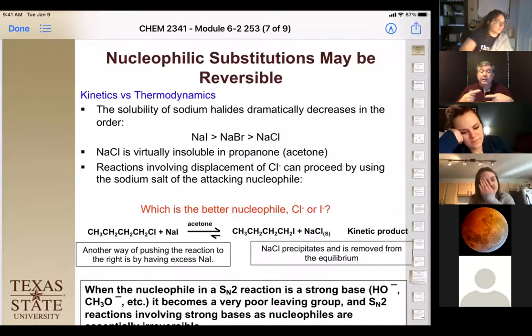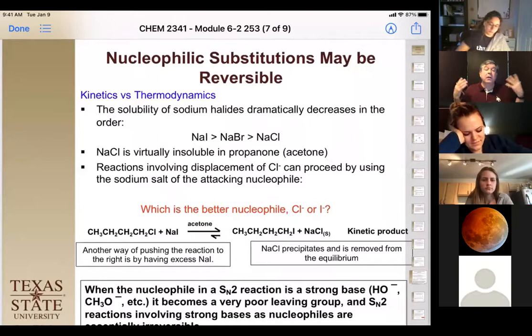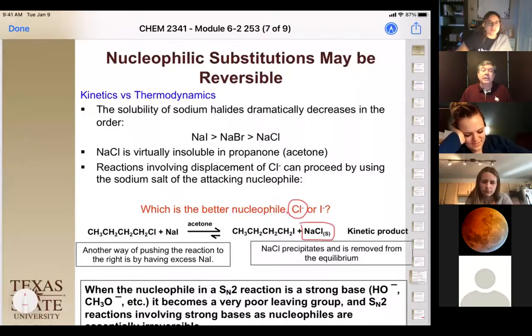Remember, I said SN2 reactions are typically reversible, although they'll lie on one side of the arrow based on which is the stronger base. So it'll always go to the weaker base, right? In this case, we're actually going to the stronger base, the chloride ion right here, because it's the weaker conjugate acid, but we're tricking it. We're making that precipitate out of solution.